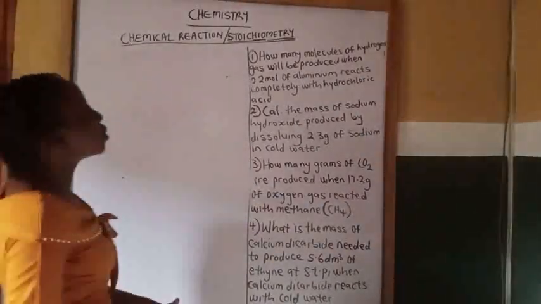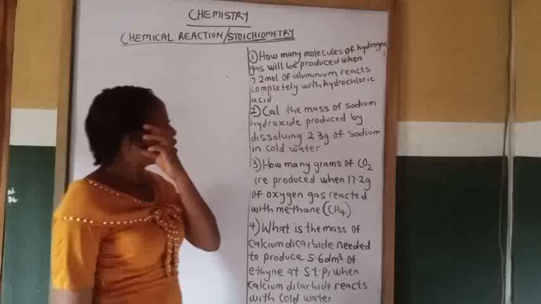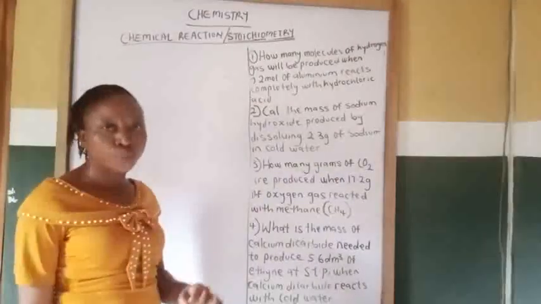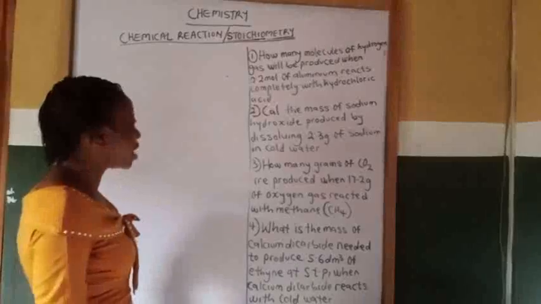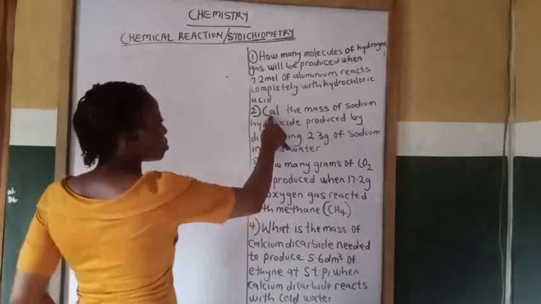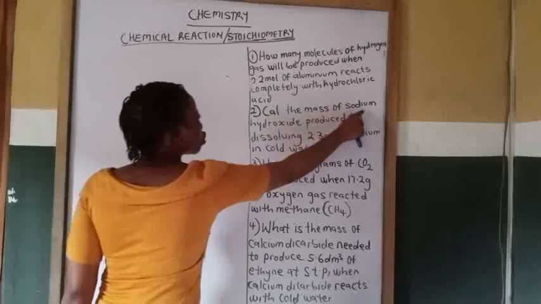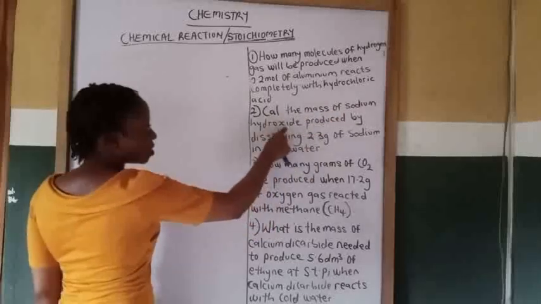So the first step to take is to convert our question in word problem to chemical reaction. So let's convert our question to chemical reaction. Calculate the mass of sodium hydroxide.